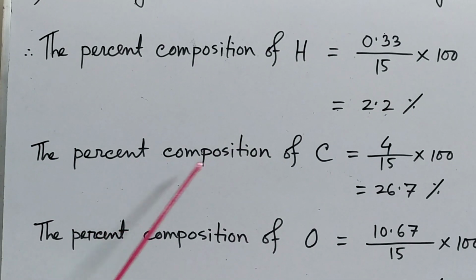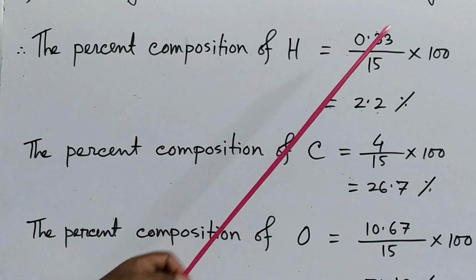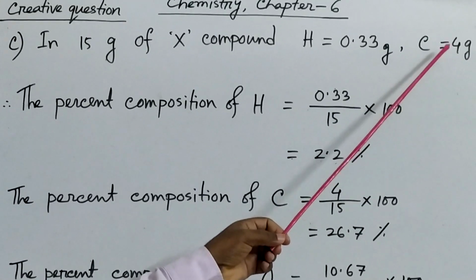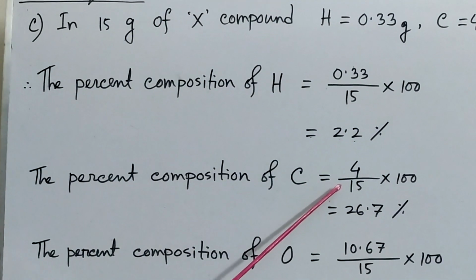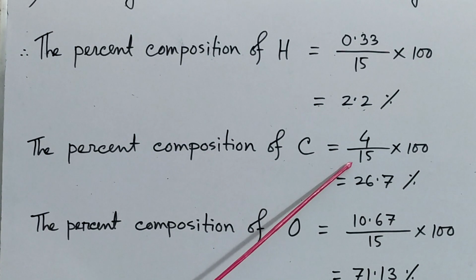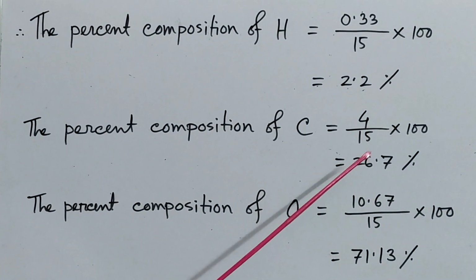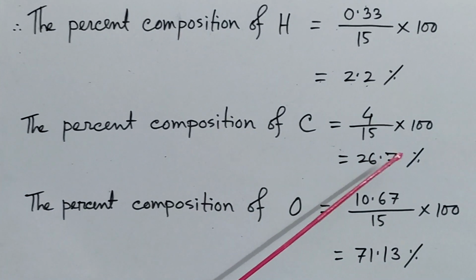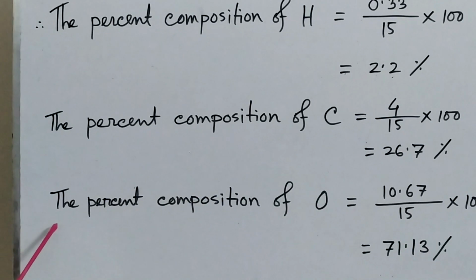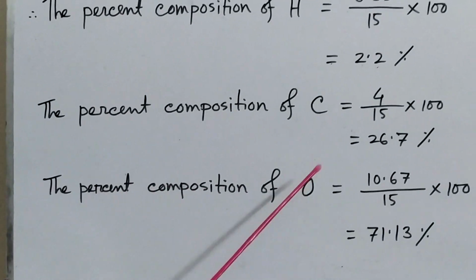Then the percent composition of carbon. The amount of carbon is 4 gram, so 4 divided by 15 into 100, it will be 26.7%. Then the percent composition of oxygen.